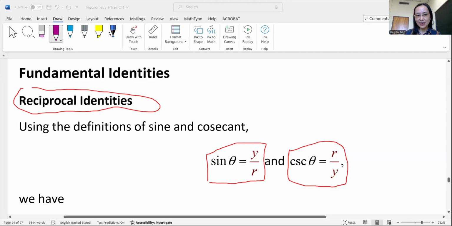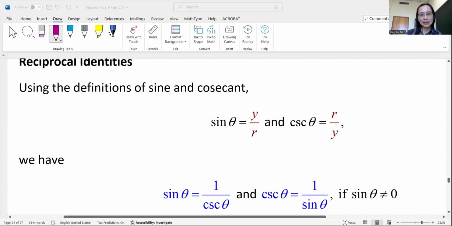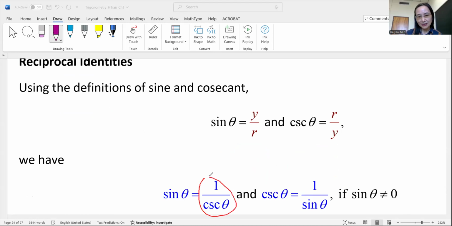So suppose they're both defined, these two numbers, sine theta and cosecant theta, will be reciprocal to each other. So it's easy to understand that sine is the reciprocal of cosecant, and cosecant is also the reciprocal of sine. See, as long as the sine is not zero, we can do the reciprocal.